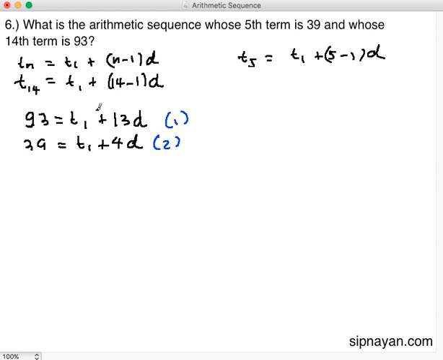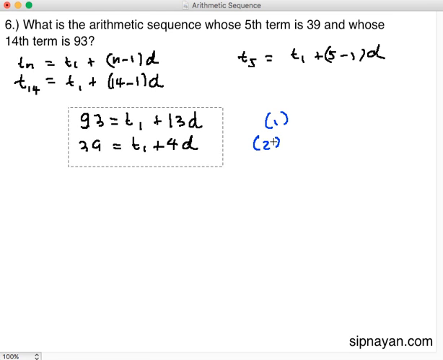So, notice that if we subtract equation 2 from equation 1, equation 1 minus equation 2, what happens? So, 93 minus 39, this is 4, and this is 9 minus 3.